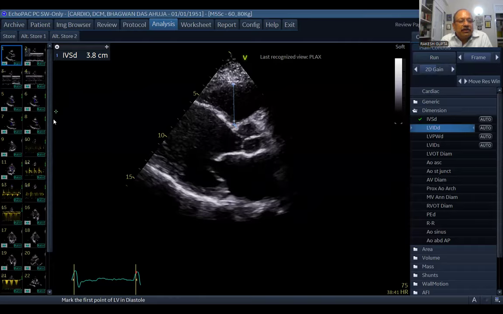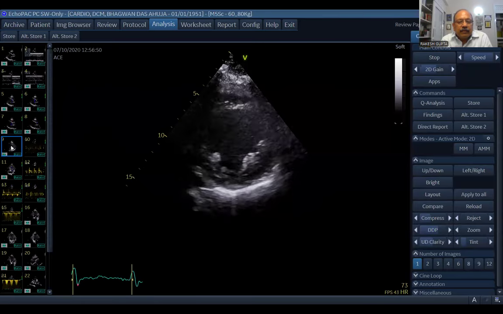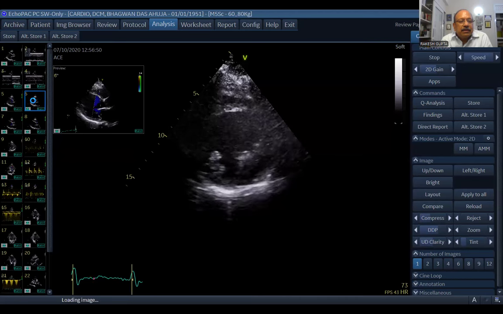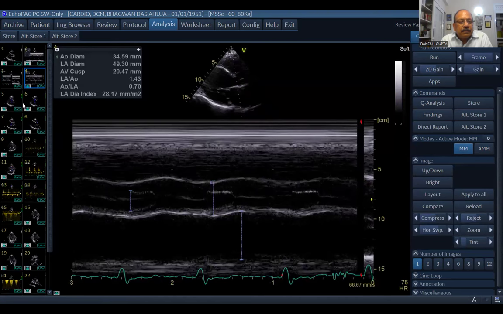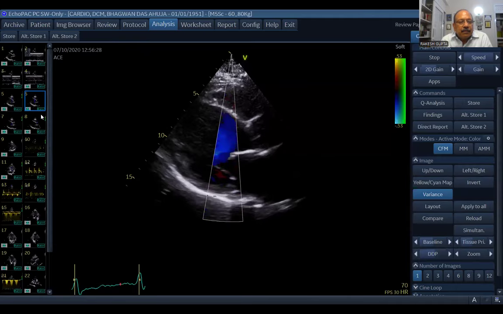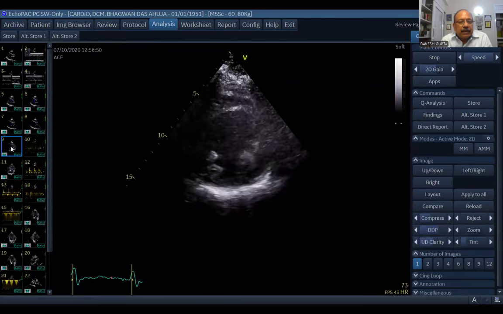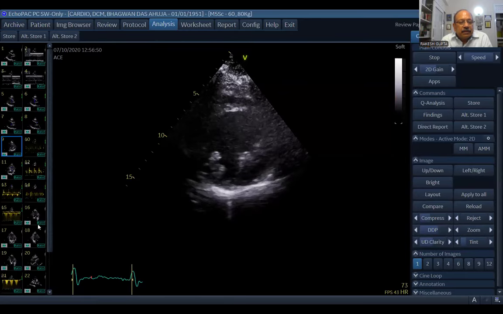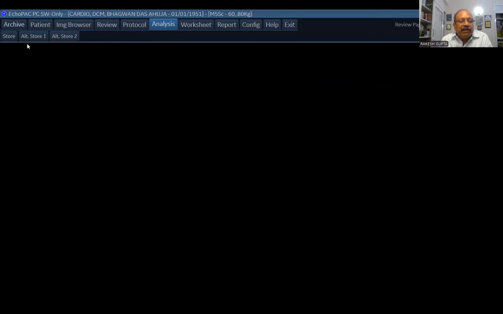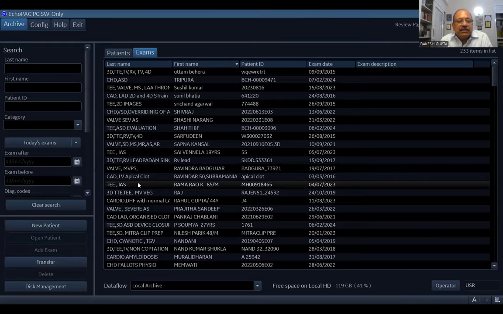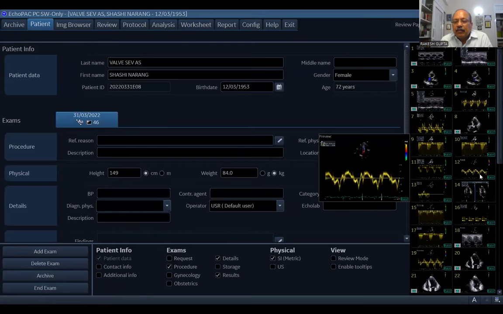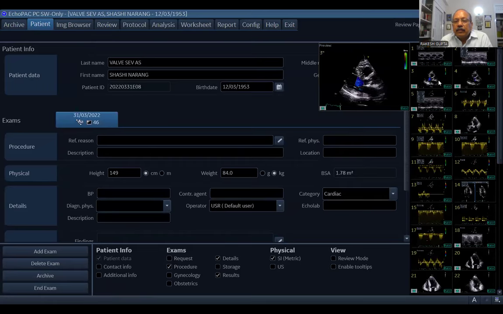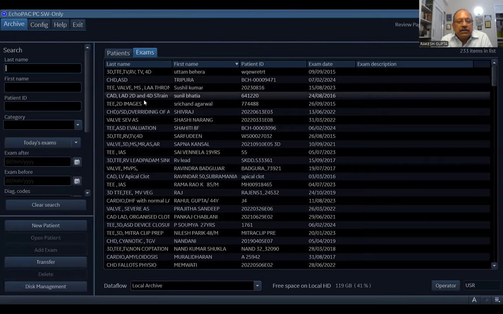Then I'll go to the short axis view at the level of the aorta. So I'll go to the valve. I think the aortic valve will give me this short axis dimension.